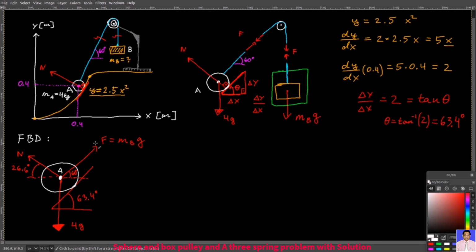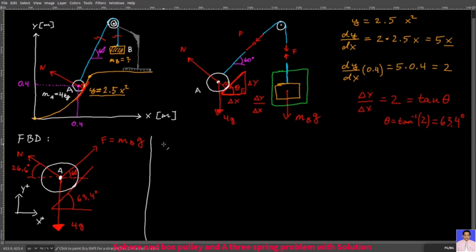And so now that we have our free body diagram, and let me also say that this is positive x, this is positive y, now we can apply our equilibrium principle. So the sum of the forces in the x direction must be 0. That's minus N times cosine 26.6 degrees plus mb g times cosine 60 degrees, and that equals 0.